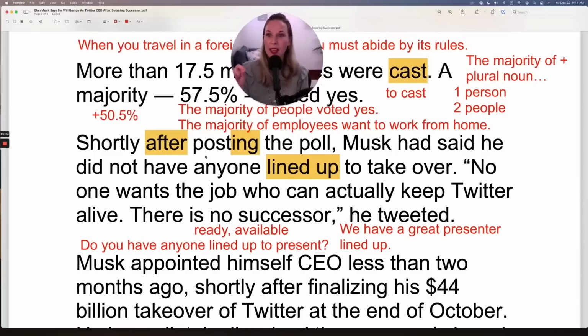Musk had said he does not have anyone ready to become CEO to take over. Musk has the position now. To take over is when someone else becomes the CEO. So, to take responsibility for something, and in this case, it's the position.